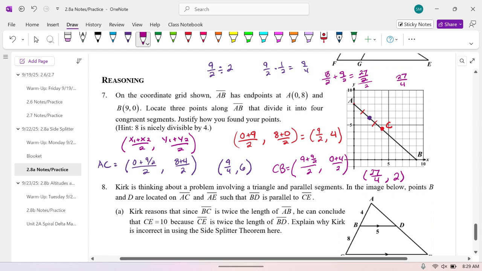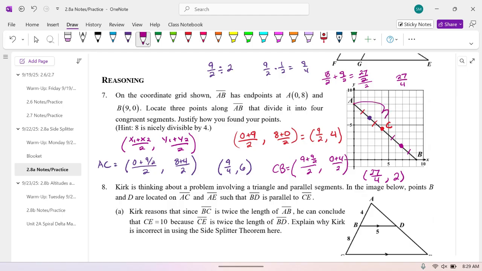So 27 over 4, that'd be a little bit past 6, almost to 7. So it'd be about right here and then all the way up at 2. And then these segments are congruent.